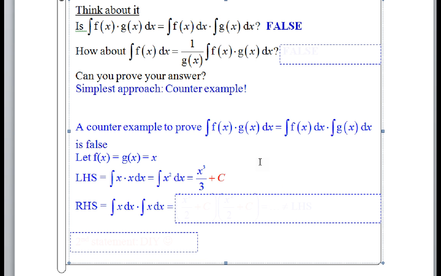The right hand side is this, integrate x separately, so I get x squared over 2 plus c, another x squared over 2 plus c. One look, you know these are not equal. You multiply together, you get x to the 4 here, you get x cubed there. Definitely they are not the same.